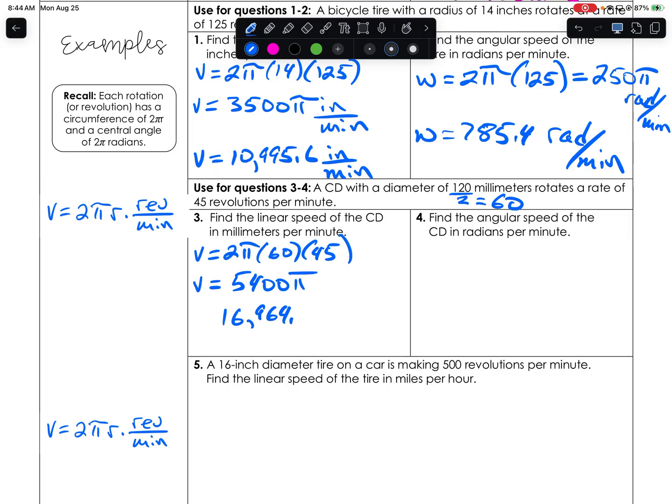They want you to find it in millimeters per minute, so you're okay. We will do the conversions in a minute, but not for this problem just yet. That's a perfect question to ask. Because they want the answers in millimeters per minute, we don't have to do any conversions.